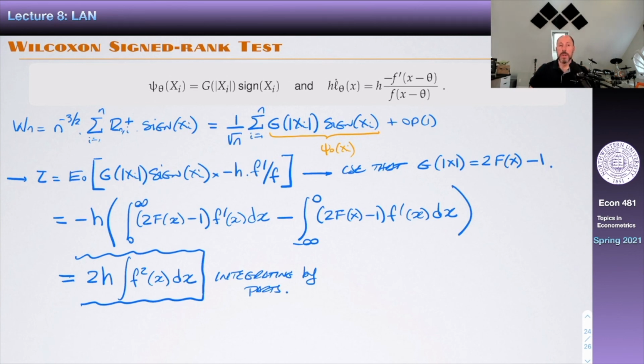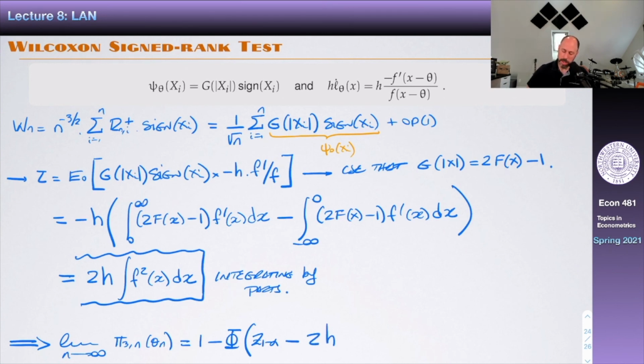So, again, putting things together, the limit as n goes to infinity of the power of the Wilcoxon signed rank test along the sequence of local alternatives is 1 minus the CDF of the normal at minus tau. Here I'm just going to write it as 2h times the integral of f squared dx. Done.